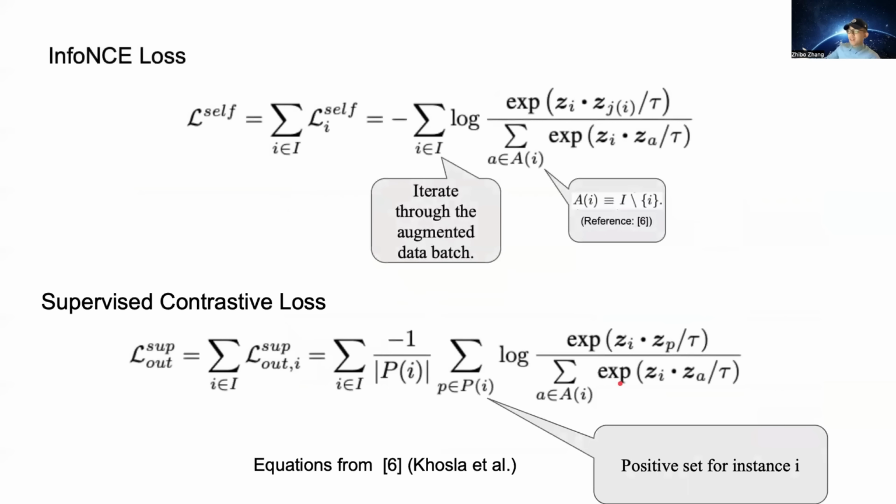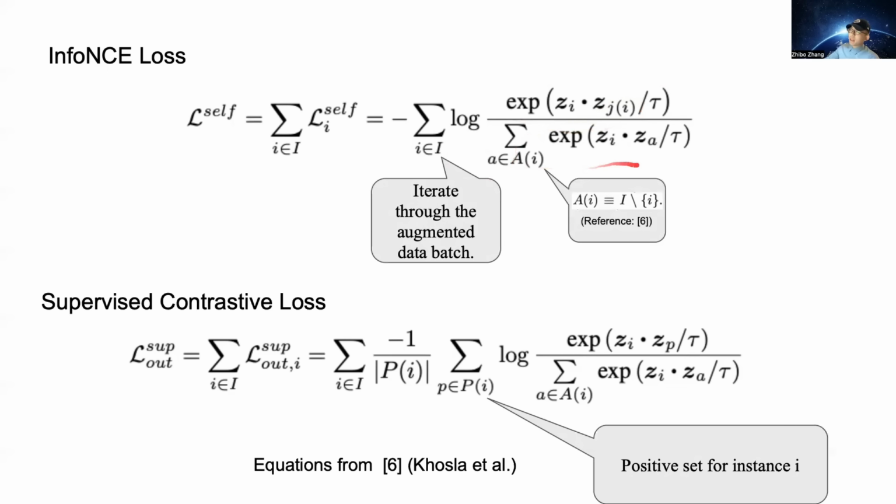So first of all, let's look at the difference between the two losses. The first is the InfoNCE loss, as we have seen just now, right? For any particular mini batch, it loops through every single instance or augmented instance i in the mini batch, and finds the corresponding positive example, which is denoted as j(i), and they should be treated similarly, remember.